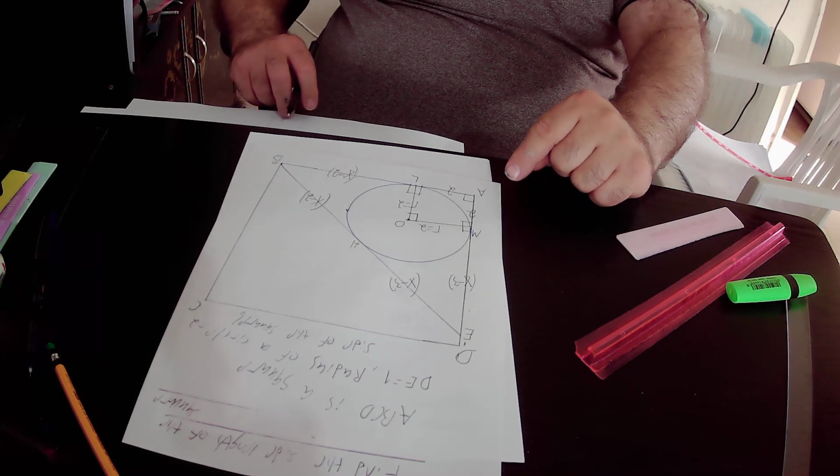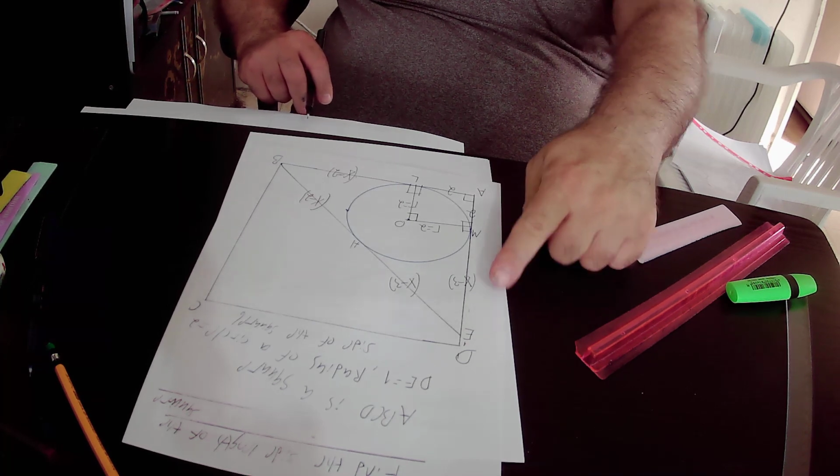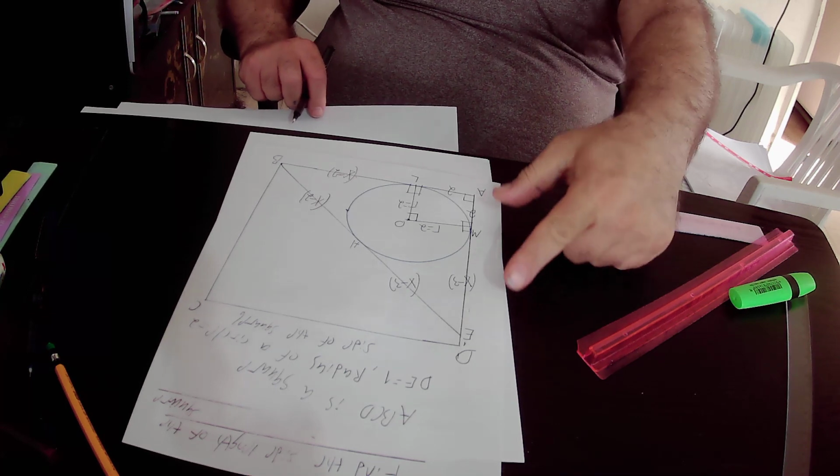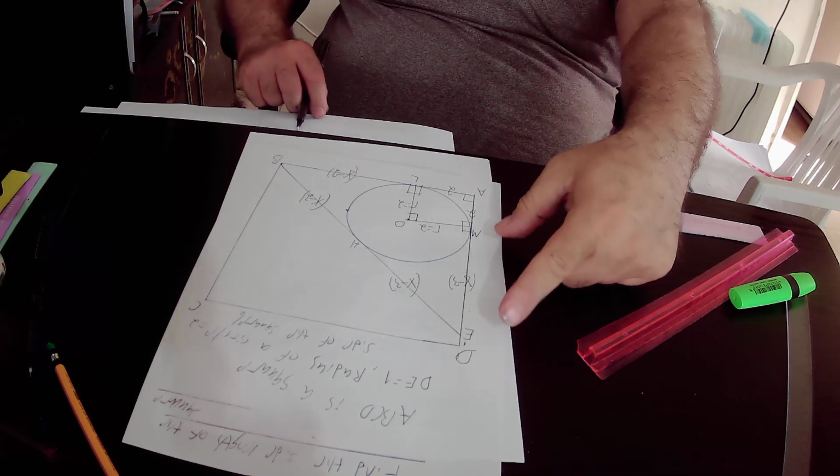So what is the length of EA? The length of EA will be EA equals AD minus DE.